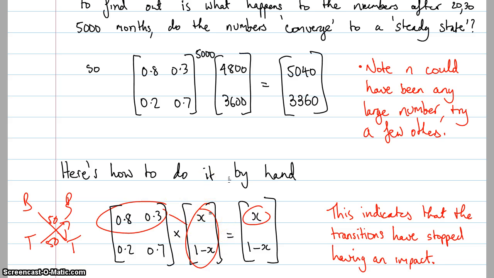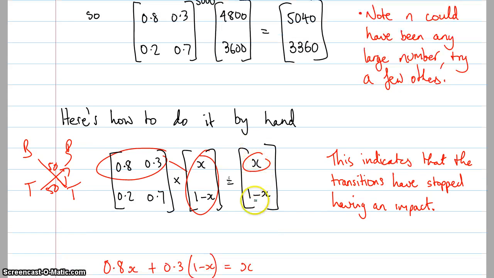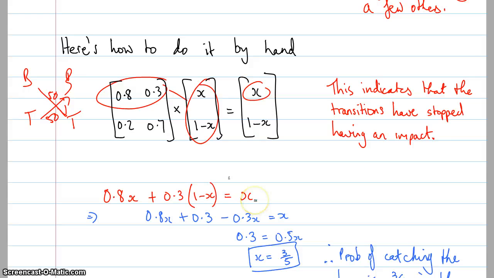I hope this is making sense. So if I multiply this matrix out with this, I'm going to get this value x, so I get 0.8 times x plus 0.3 times (1 minus x) equals x. You can do it on the other one as well, 0.2 times x plus 0.7 times that, but we only have one variable, x, so I'm not going to bother. I'm just going to do it with one.